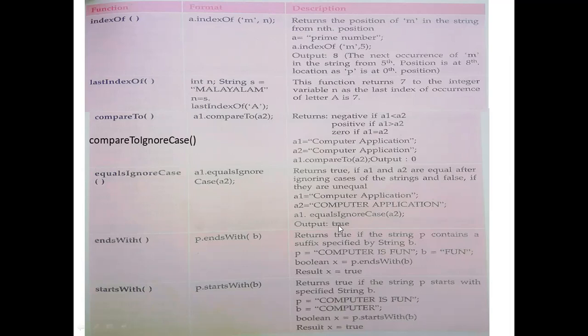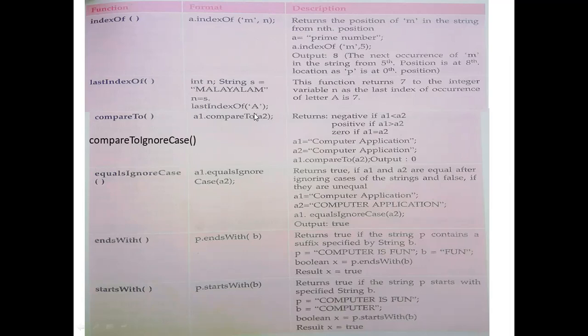Which is better, the equals function or the equalsIgnoreCase function? EqualsIgnoreCase, sir. Yes, if you don't want to be case sensitive, then you go with equalsIgnoreCase. Passwords are equally case sensitive, right? Yes, sir. Then we use the equals function only there, right? Yes.